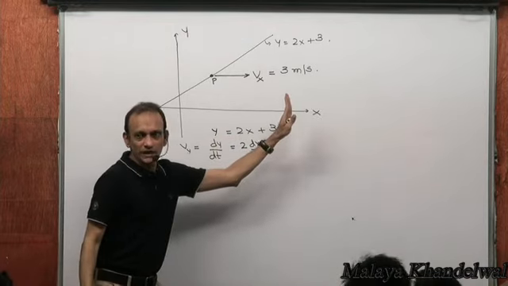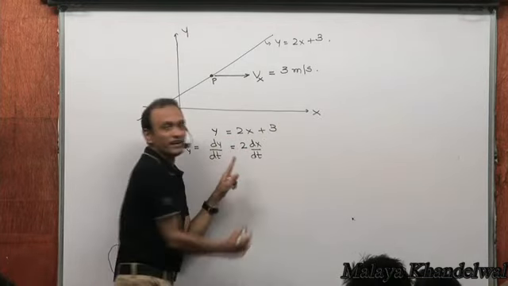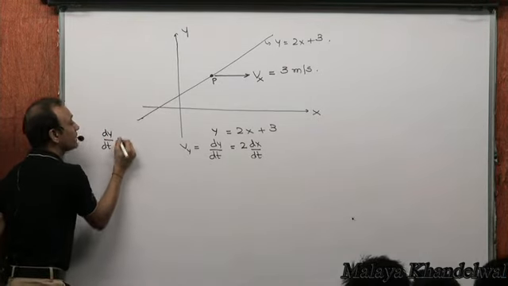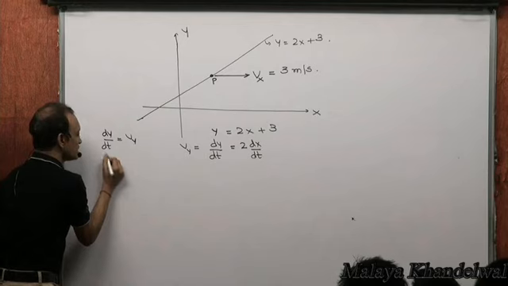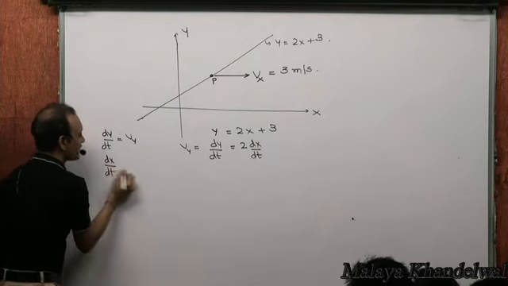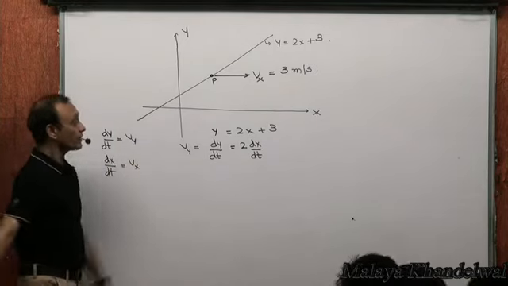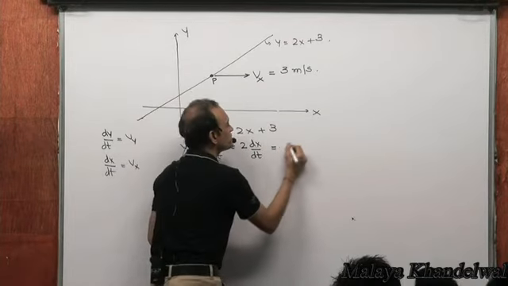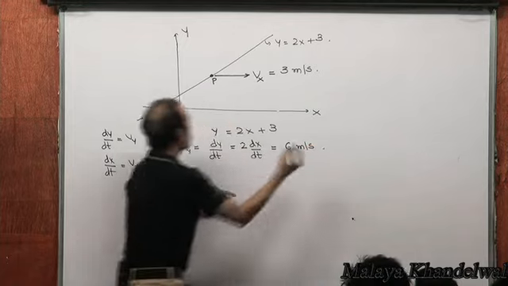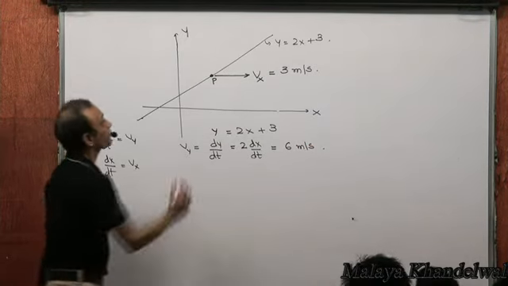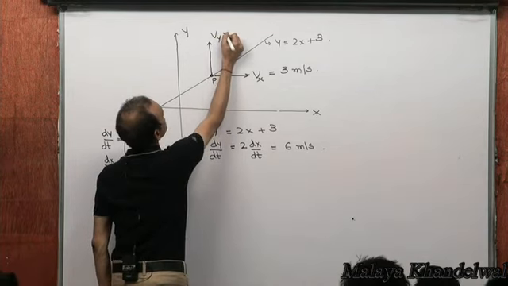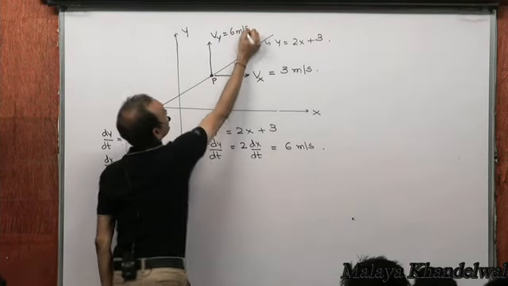Rate at which displacement occurs in the x direction, that's going to be vx. dy/dt is velocity in the y direction. dx/dt is velocity in the x direction. And this is given to be 3 meters per second. So this is 6 meters per second. That's the velocity in the y direction. Velocity in the y direction is 6 meters per second.